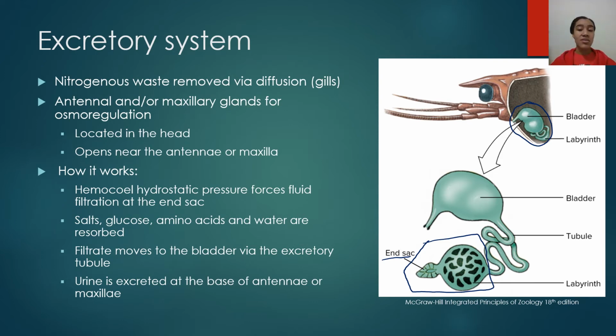And then any of the waste that it doesn't need will be retained. Then the waste, which is now called the filtrate, will travel through this tubule here. So it's a really windy tubule, all the way to the bladder. And then once it's in the bladder, the urine will be excreted via the pore that opens either near the antenna or near the maxilla.